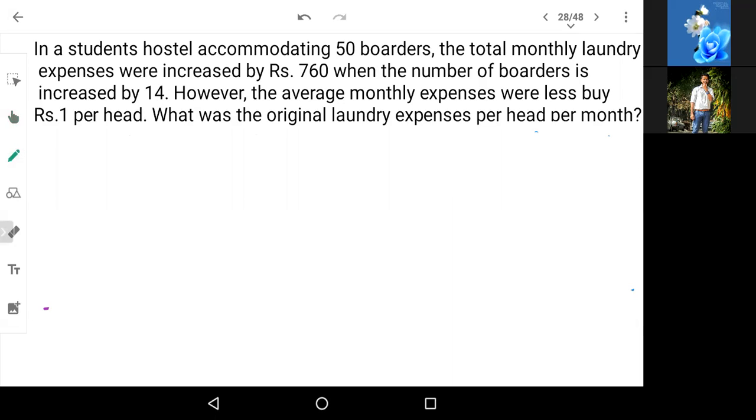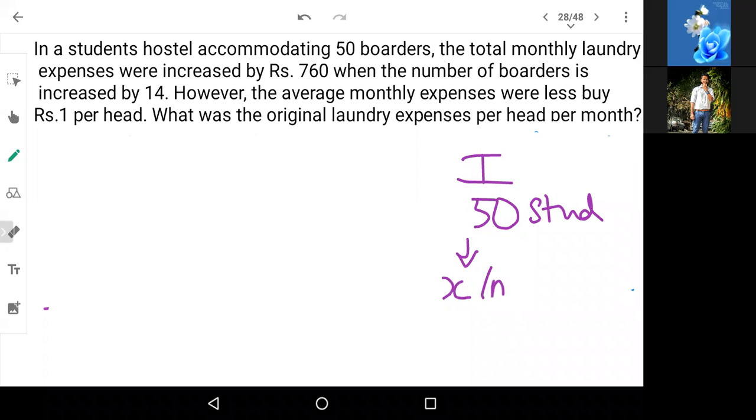So in a student's hostel, first there were 50 students. And they were putting the clothes for laundry. And let's say for 1 month, they were paying some X rupees.